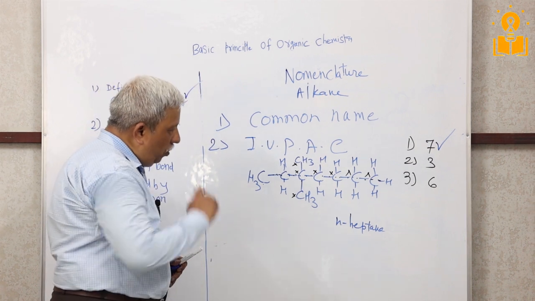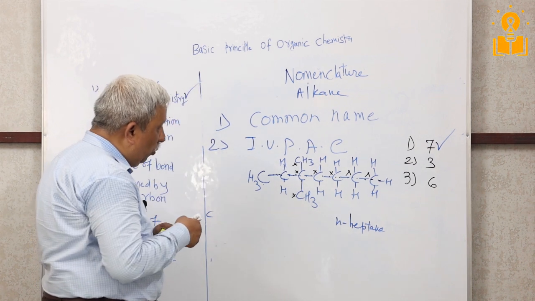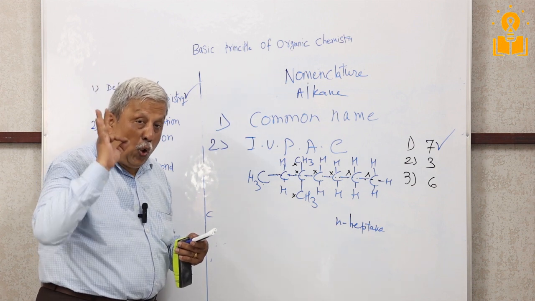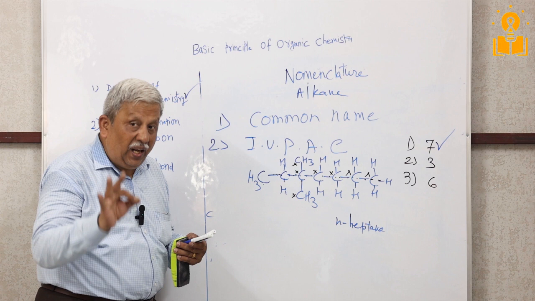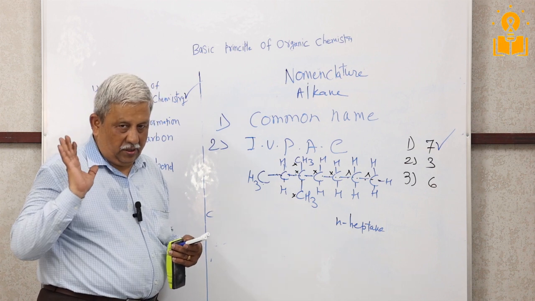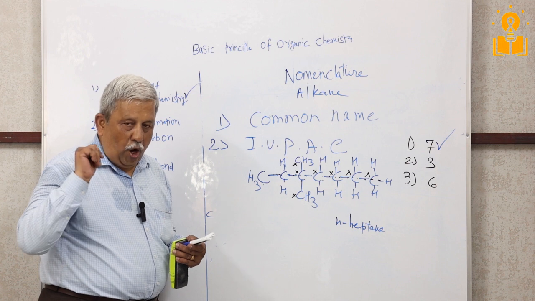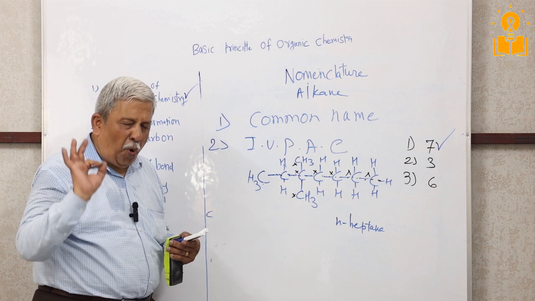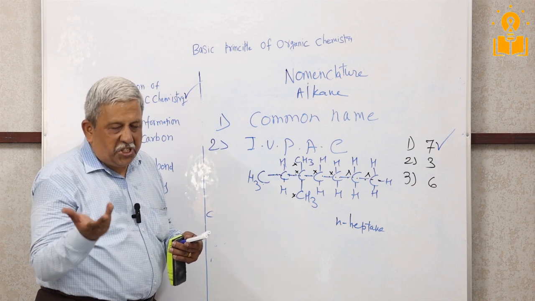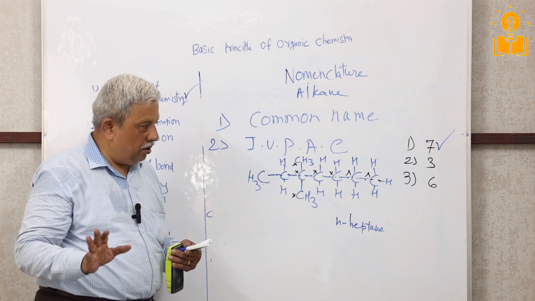Now you have to give the lowest possible number to the substituents. From which side you start, that doesn't matter.